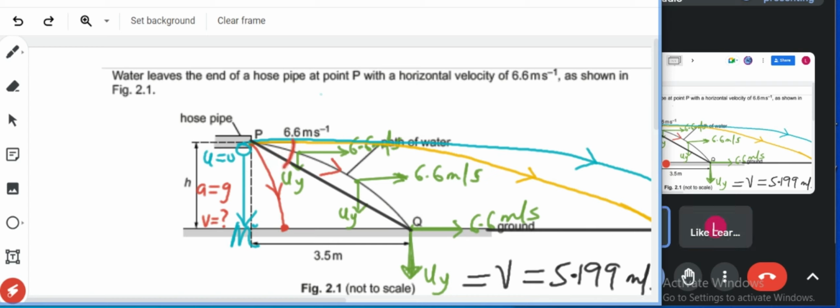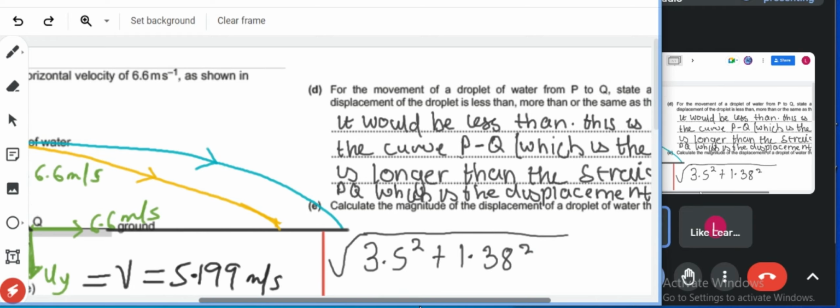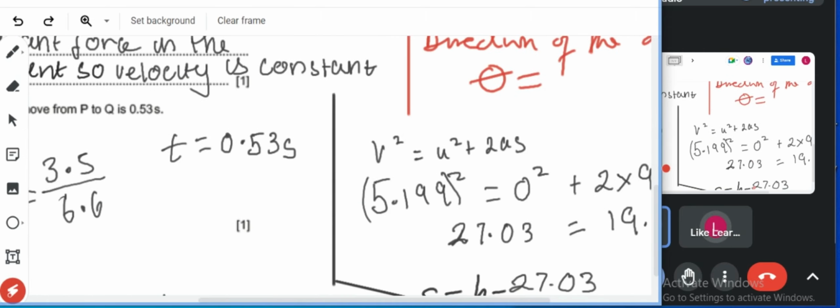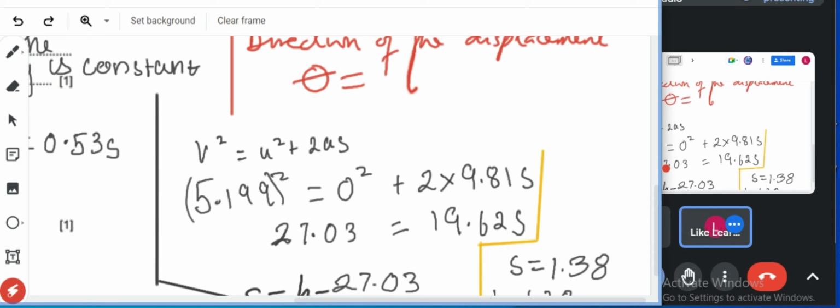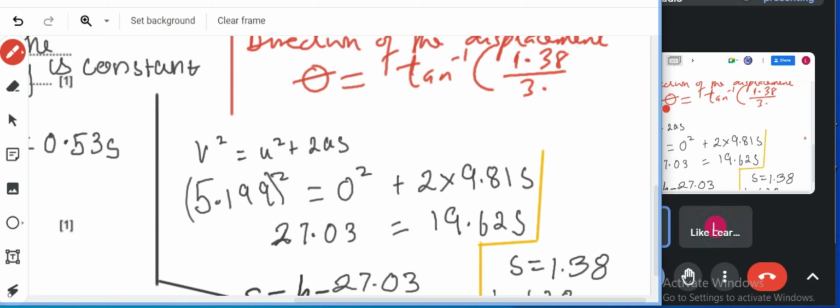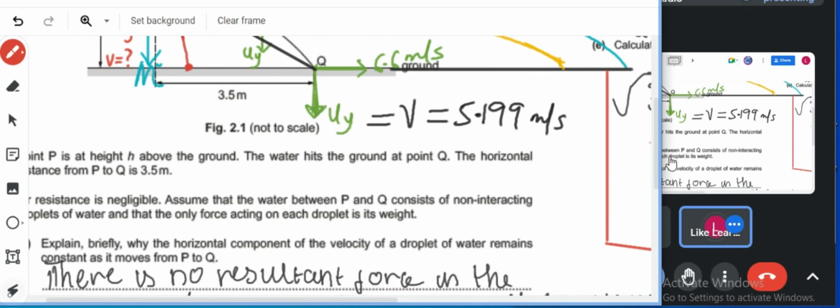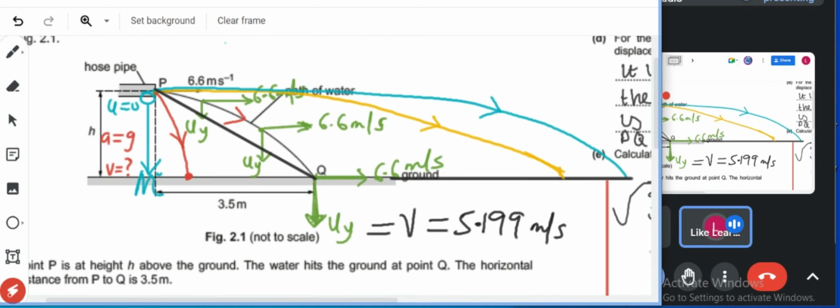So tan inverse of opposite over adjacent, tan inverse of 1.38 over 3.5, which is this h over 3.5.